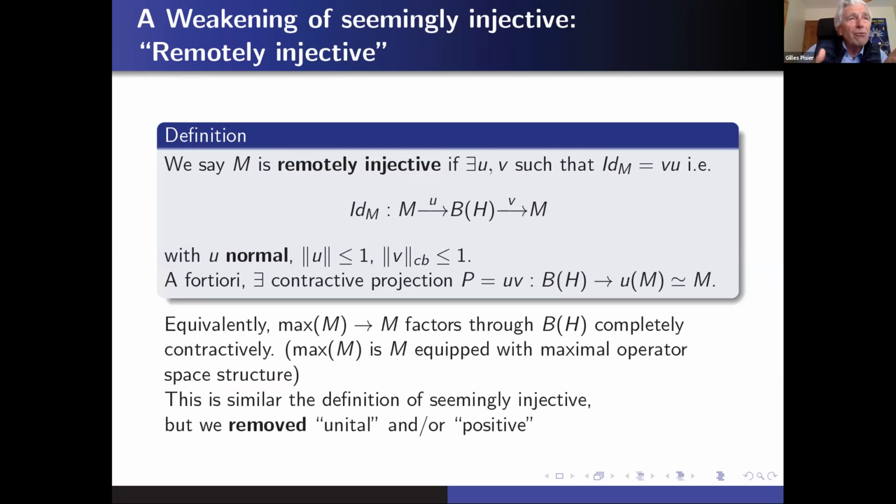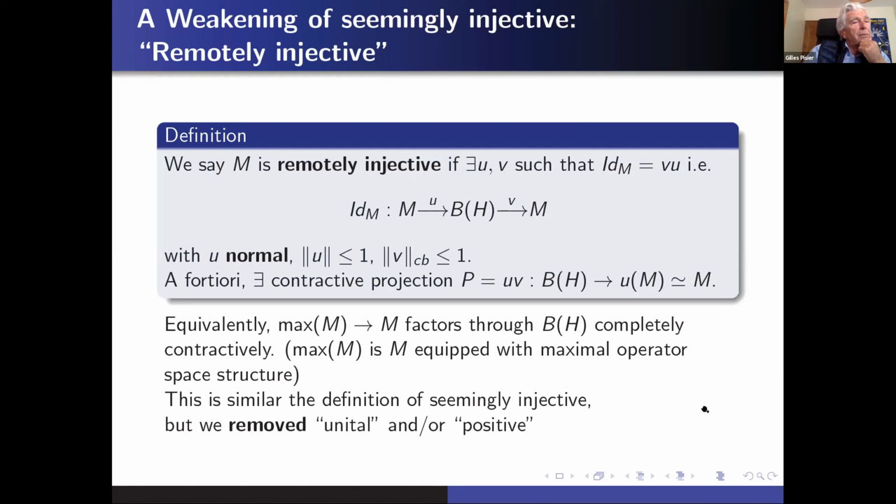Is it true that every von Neumann algebra which is QWEP, so you see that QWEP must be there because by Kirchberg's theorem, we are dealing with an algebra which is isometric to a quotient of B of H. So it's QWEP. Is it true that all QWEP are like this, are remotely injective? So this is the embarrassing problem.